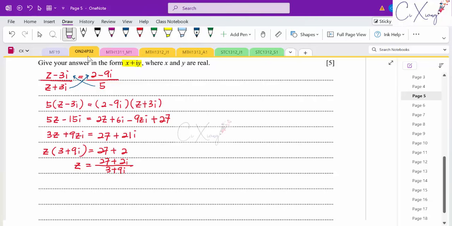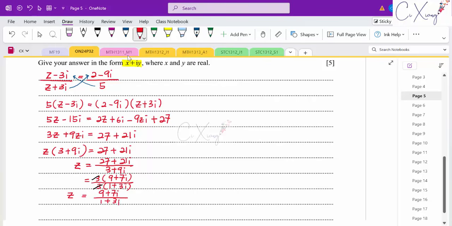This one also 21i. Then if you realize this fraction, you can still simplify. Okay, because you can take out the 3 on top and also the 3 at the bottom. So you simplify the 3. Okay, then after that, I'm having 9 plus 7i divided by 1 plus 3i. Basically, this is the z already.